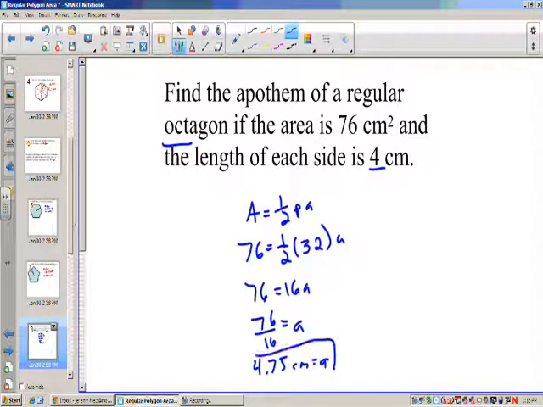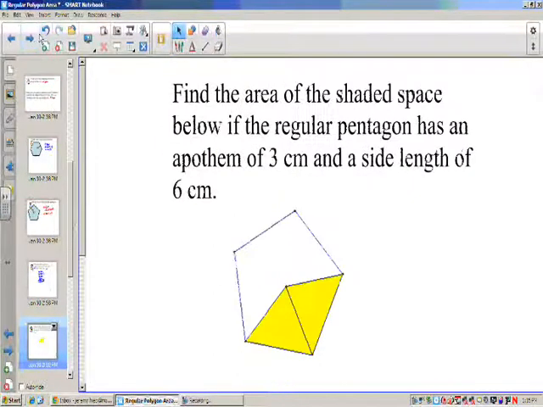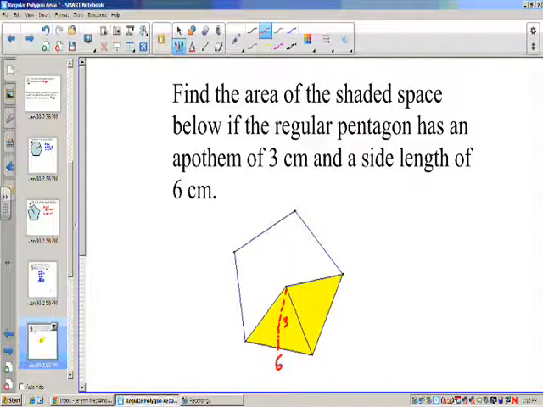Now notice that the units are a one-dimensional unit. Find the area of the shaded space below if the regular pentagon has an apothem of 3 and a side length of 6. So the apothem is 3 and the side length is 6.